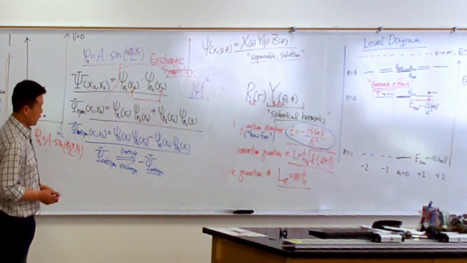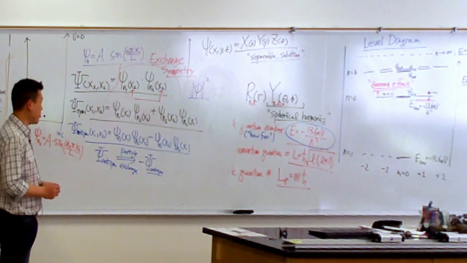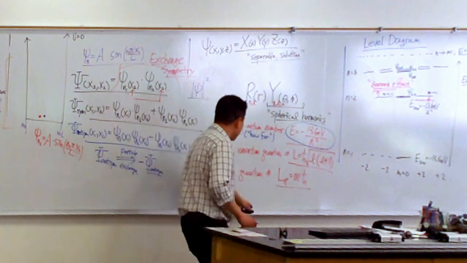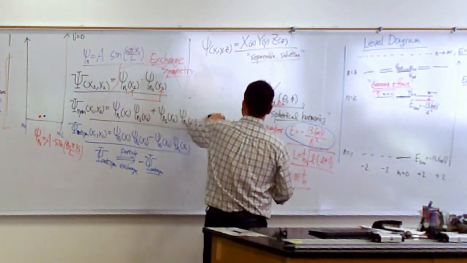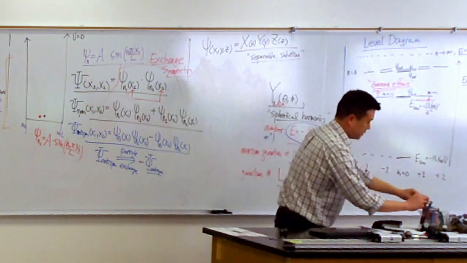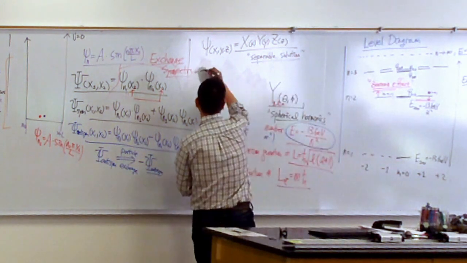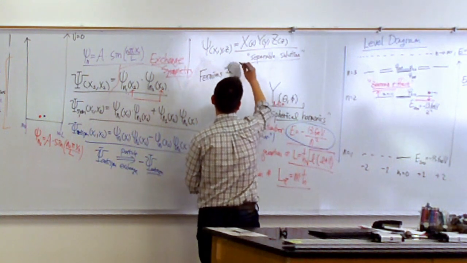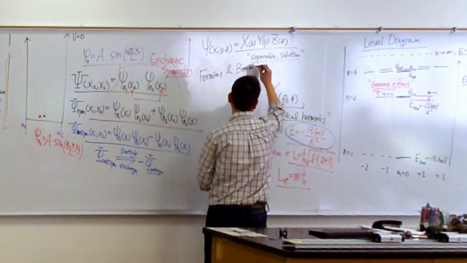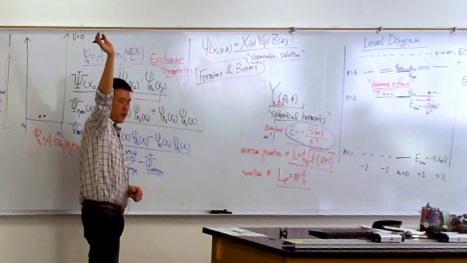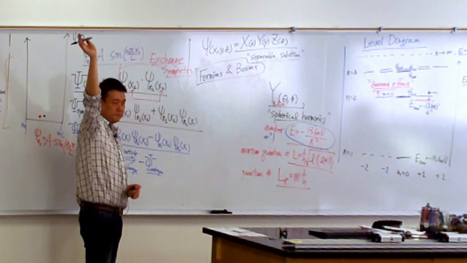And this is where, with 1.5 minutes remaining, I want to mention two terms you may have heard before: fermions and bosons. How many here have heard the phrases fermions and bosons?